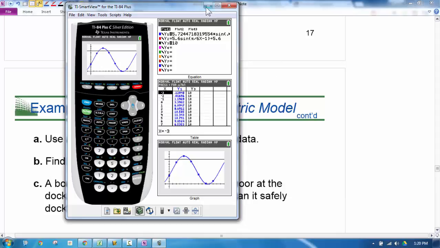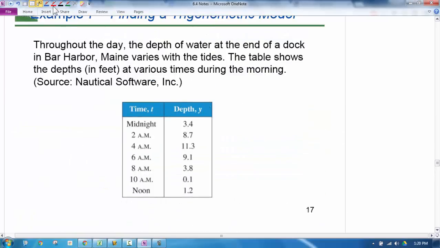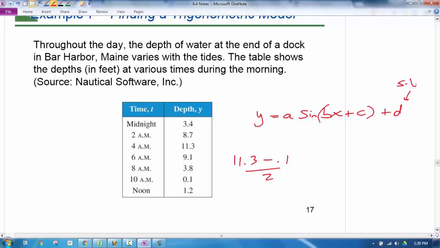Now you can write this equation by hand too without the calculator, and it is tricky, but it can be done because we learned our equation was y equals a sine of bx plus c, plus d. So we can figure out how much it's been shifted up by taking the highest value 11.3, subtracting the lowest value 0.1, and dividing by 2, which gives us 5.6.